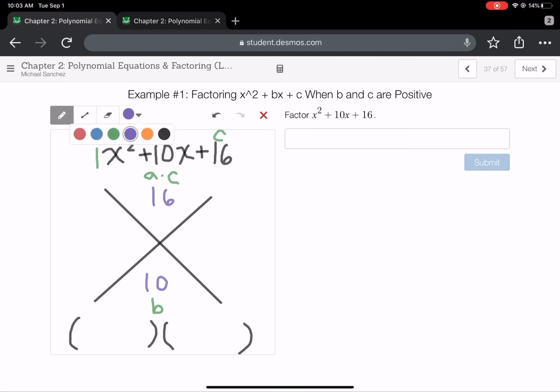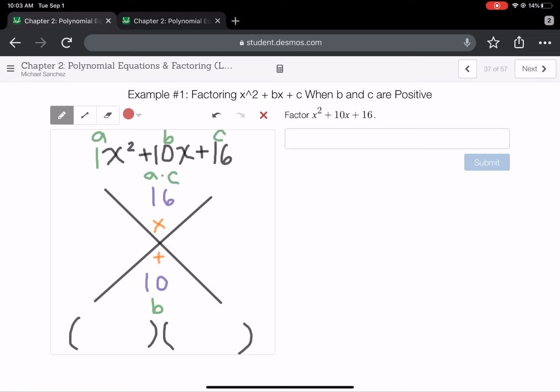Now I want to look for two numbers, blank and blank, that multiply to give me 16 and add to give me 10. We think of this two ways: the two numbers multiply to give the top number, and also add up to 10.